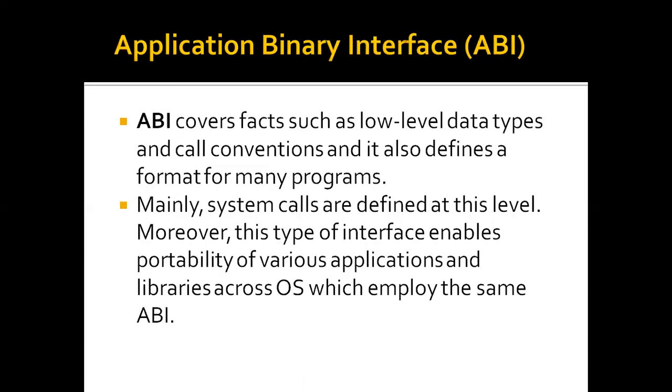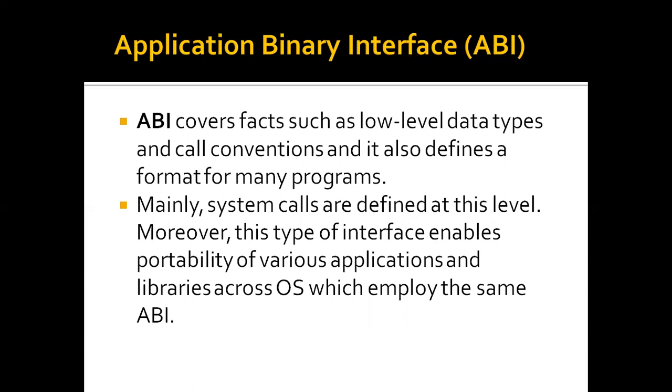Now, the other one is the application binary interface, ABI. ABI covers aspects such as low-level data types and call conventions, and it also defines a format for executable programs.